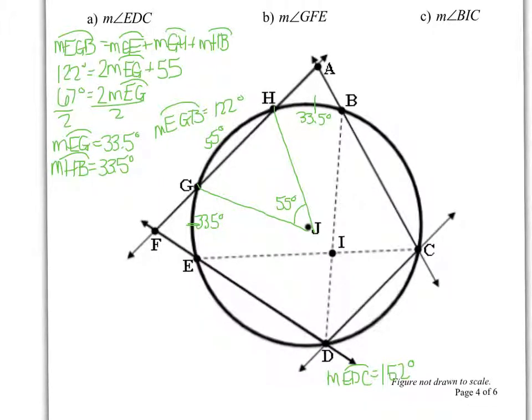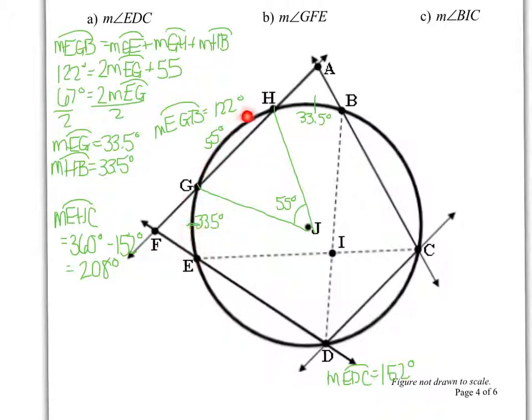Next, I know that EDC is 152 degrees, so this part, let's say measure of arc EHC, is going to be 360 degrees minus 152 degrees, and that's going to be 208 degrees.